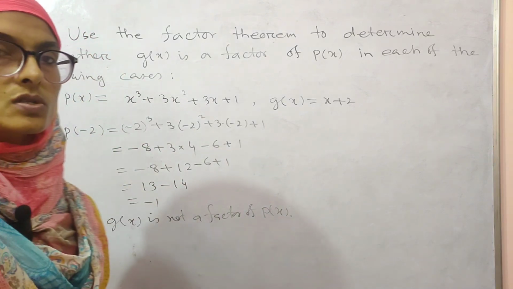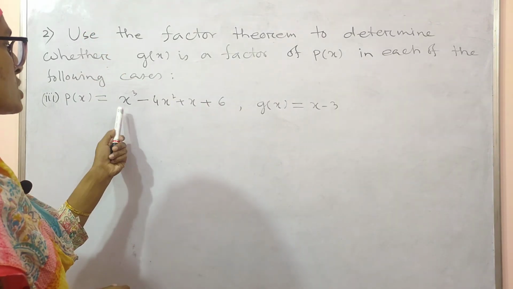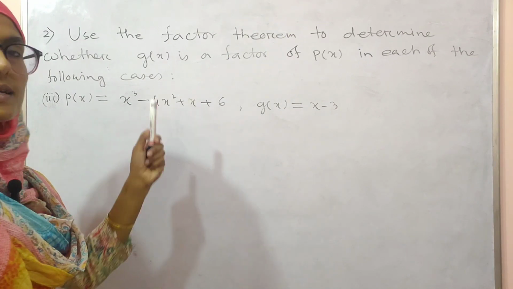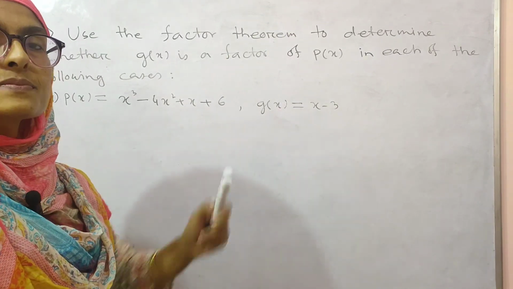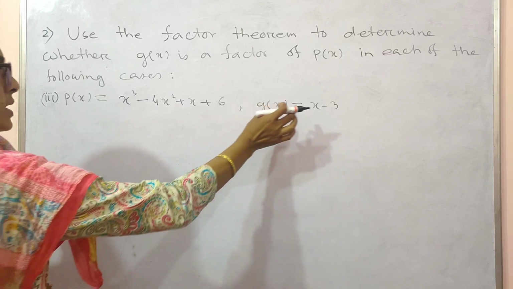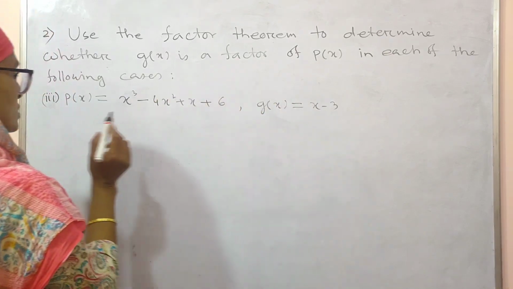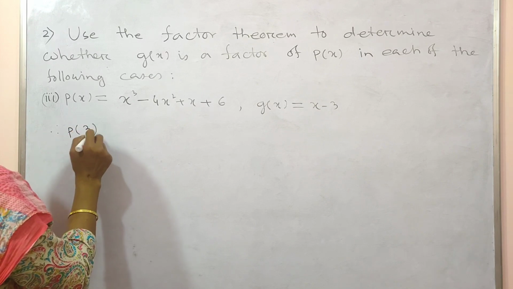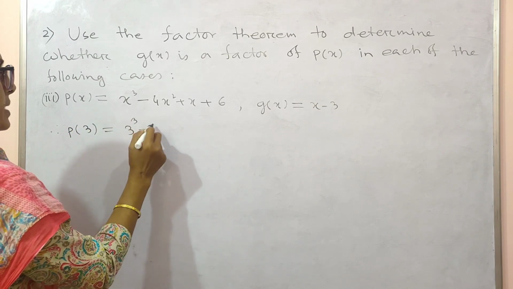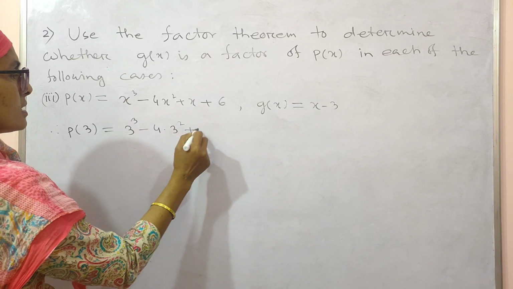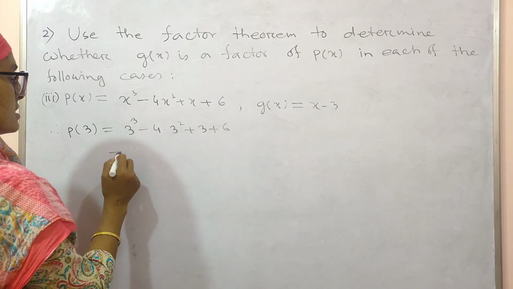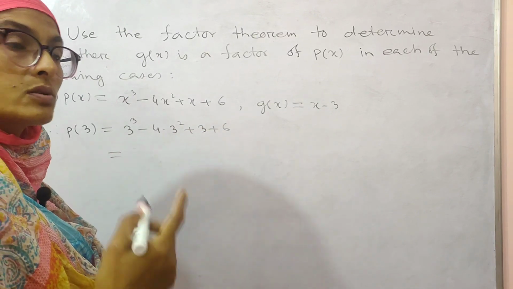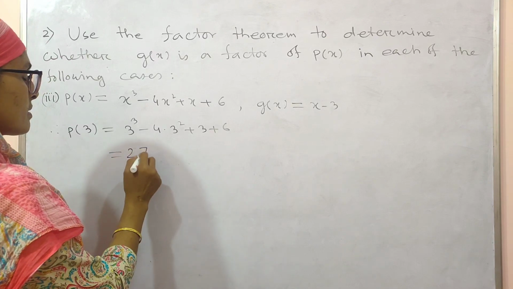You can write the notes. Number 3, p(x) equal to x cube minus 4x square plus x plus 6, g(x) is x minus 3. So for x minus 3, you have to put x equal to 3. Therefore, p of 3, you will get 3 cube minus 4 into 3 square plus 3 plus 6. 3 cube means 3 into 3 into 3, 27.